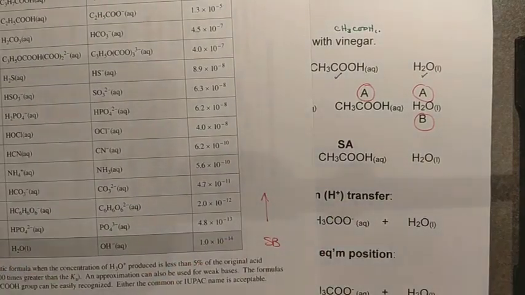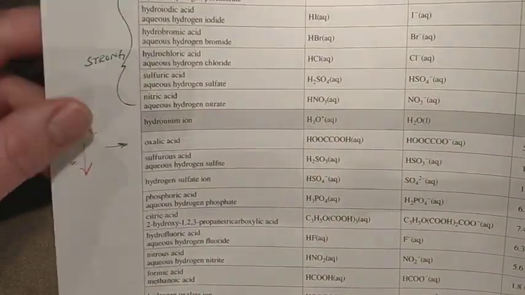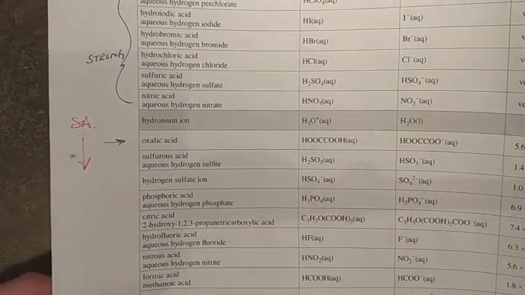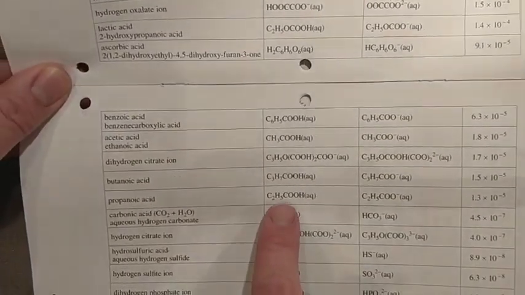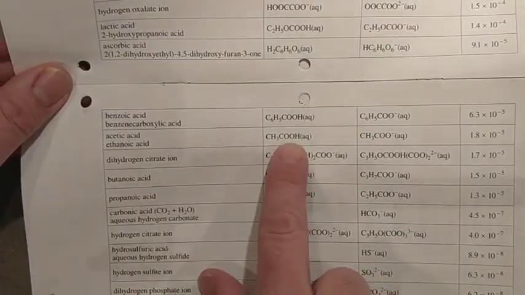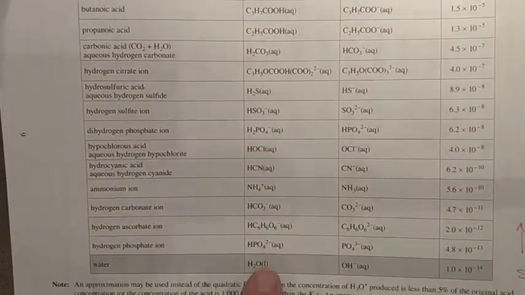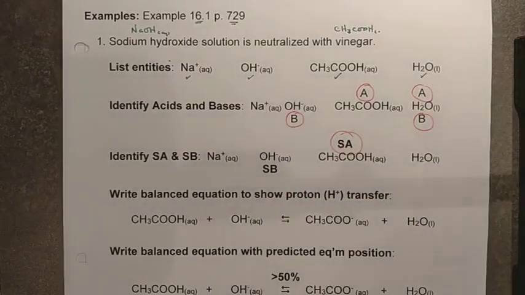And they get weaker as you go up on the basic side, and they get weaker as you go down on the acid side. So what we're going to do is look for the highest on the left for our potential acids. You can see where did it go? There's acetic acid right here, and water much further below it. So therefore, of the 2 acids, acetic acid is the stronger of the 2.